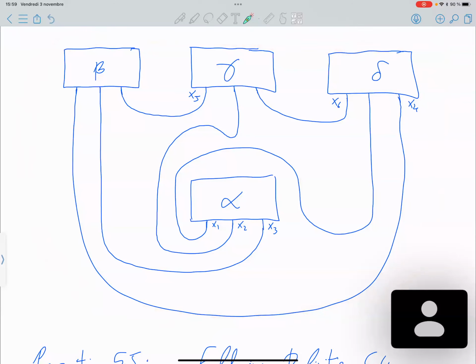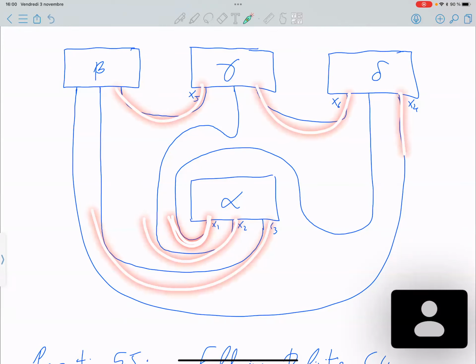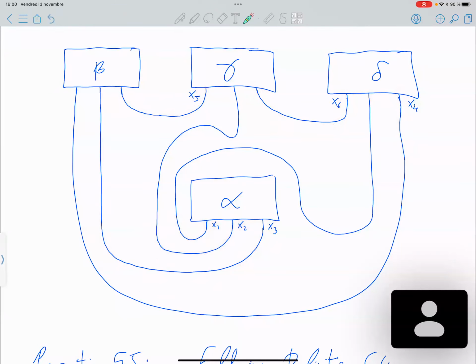It works for the left dual only, because you only have the evaluation map from x to x star, x2 to x2 star, x3 to x3 star, etc. You can manage everything with left dual. Okay.